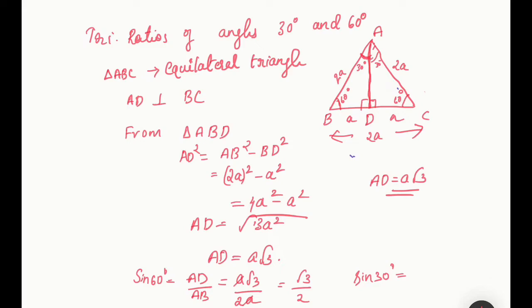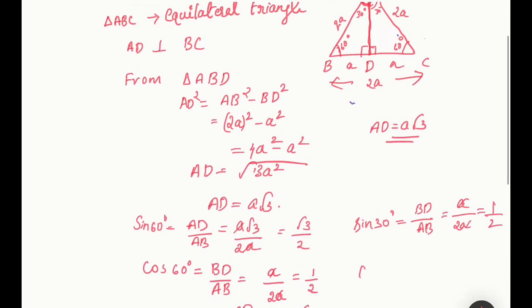So sine 30, opposite is BD, BD by hypotenuse AB, that's equal to, BD is A, A by 2A, that's equal to 1 by 2. Then cos 30 is AD by AB, that's equal to A root 3 by 2A, cancel. So you get root 3 by 2.